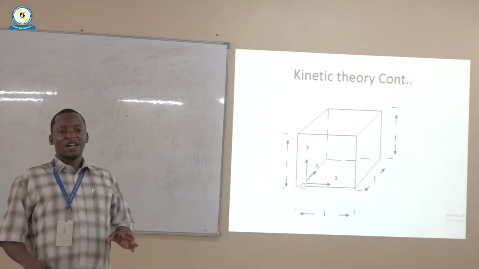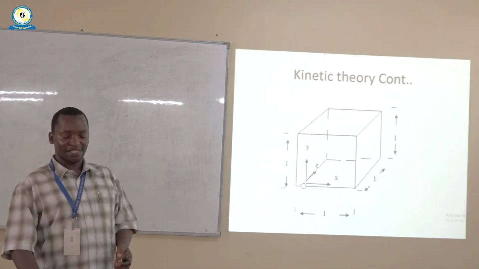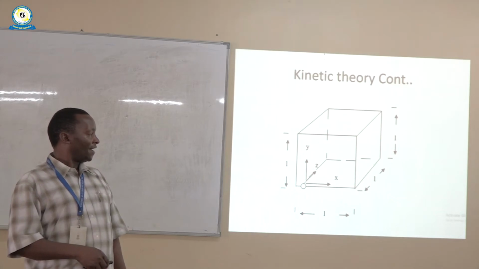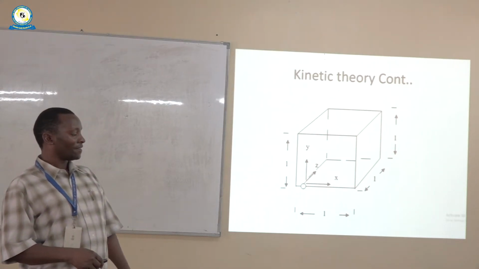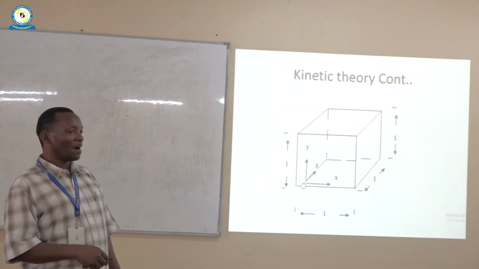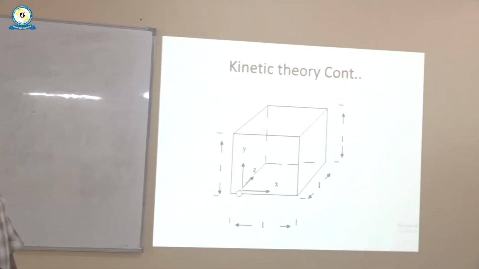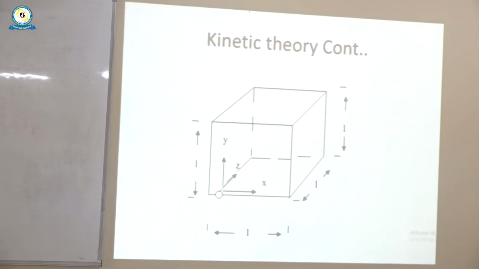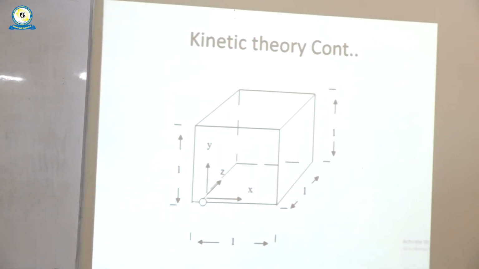Now, we have a molecule in a cube, and of course the other molecules are moving randomly, but since a cube is a three-dimensional figure, we expect that if we assume one molecule, it will have a motion along the x-axis in one direction, it can have another direction along the y-axis, and it can also have another direction in the z-axis.